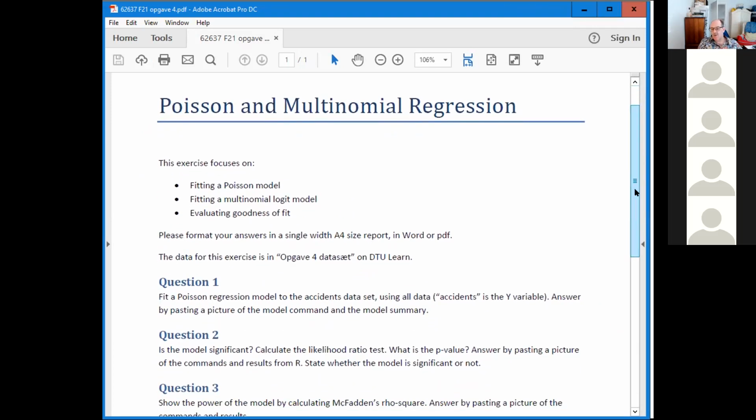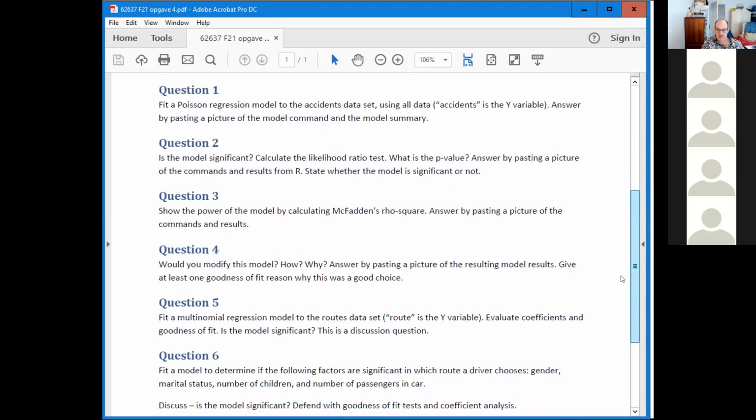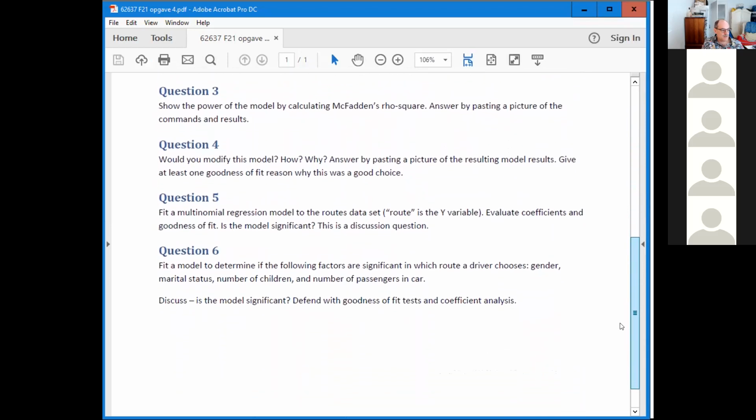Everything you need to know to do this is from last week and this week. This is all directly out of the slides, and the textbook as well, but this is all directly out of last week and this week's lecture. And the data set is up there. It's pretty straightforward: answer these questions.